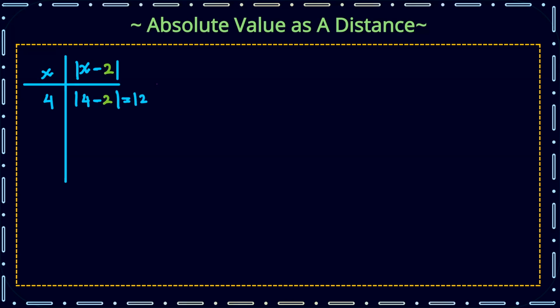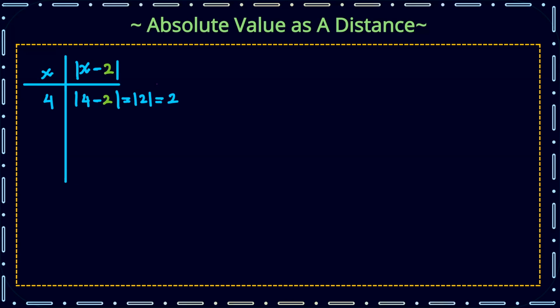So here we have absolute value of x minus 2. I'm going to choose some values for x. Let's say x here is 4. We get absolute value of 4 minus 2. And that's equal to absolute value of 2, which is really 2.